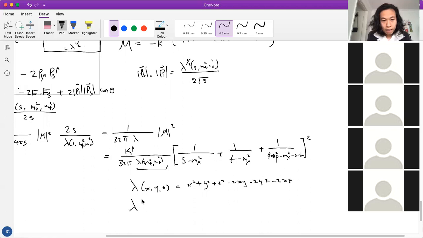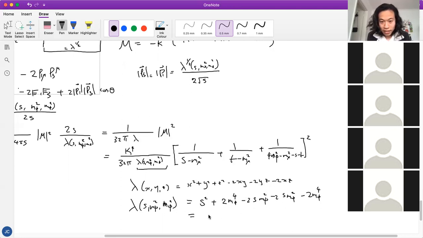So then lambda of s, m phi squared, m phi squared is s squared plus 2 m phi to the 4, since y squared and z squared are both the same, minus 2s m phi squared minus 2s m phi squared minus 2 m phi to the 4. I might have got one of these the other way around, but that's the total amount of terms you should be getting. So this 2 m phi to the 4 and this 2 m phi to the 4 cancel each other out. So I end up with just s minus 4 m phi squared.